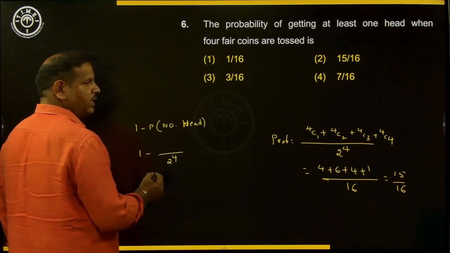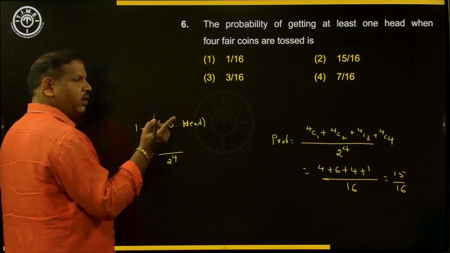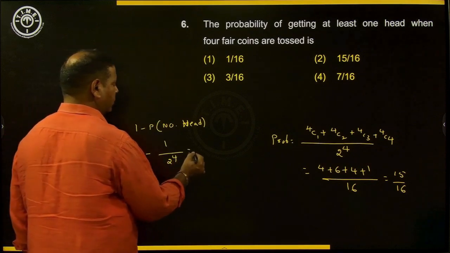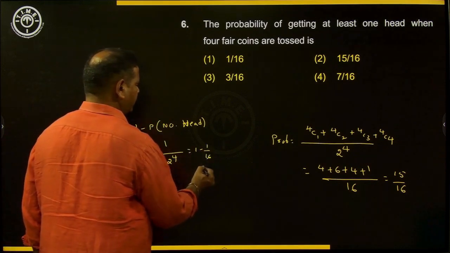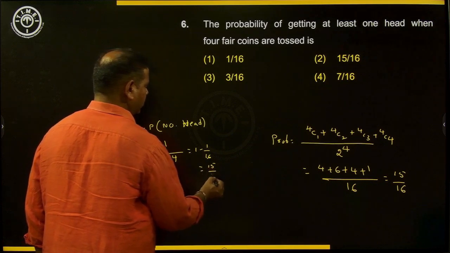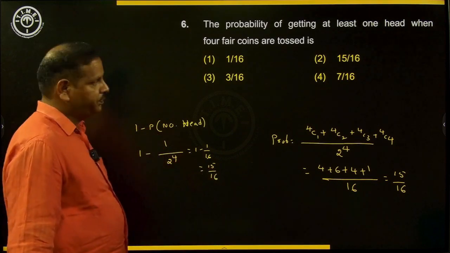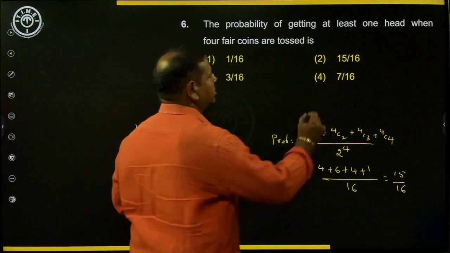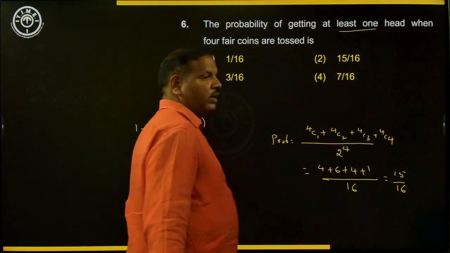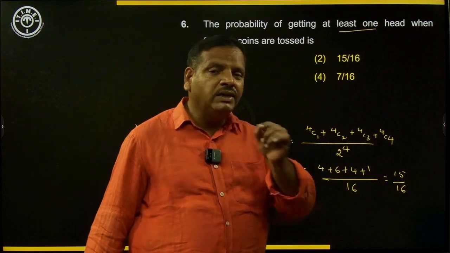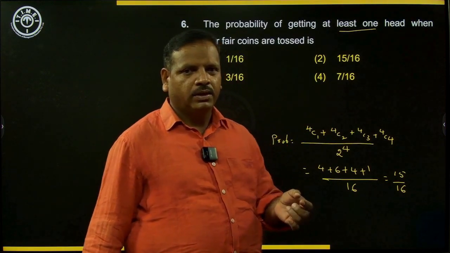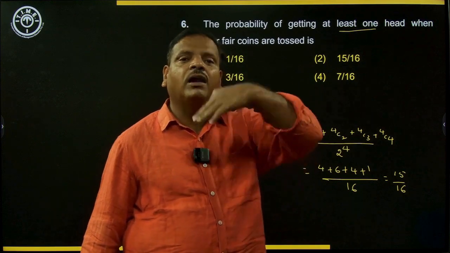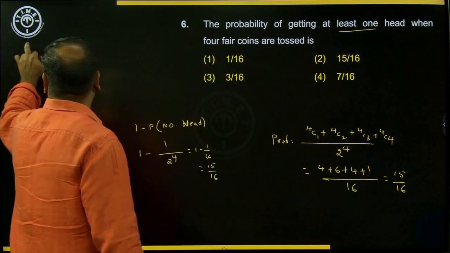No head means all tails only, and getting all tails is nothing but one way only. 1 minus 1 by 16, is it nothing but 15 by 16 or not? Yes, you can answer in any way. Only in case of at least one, when this word comes, do it like that. At least one head, 1 minus all tails. At least one good, 1 minus all bad. That way.